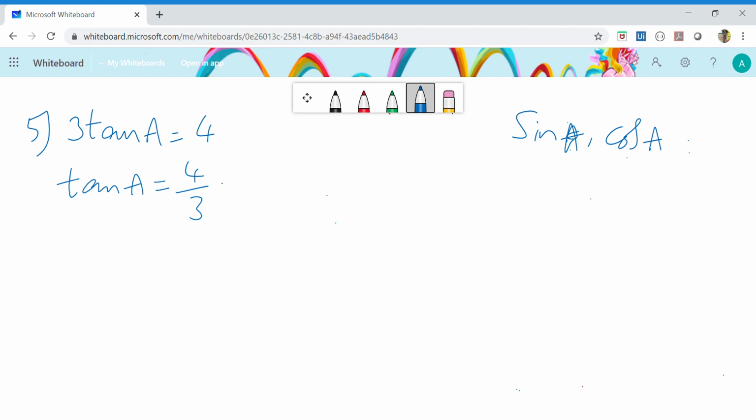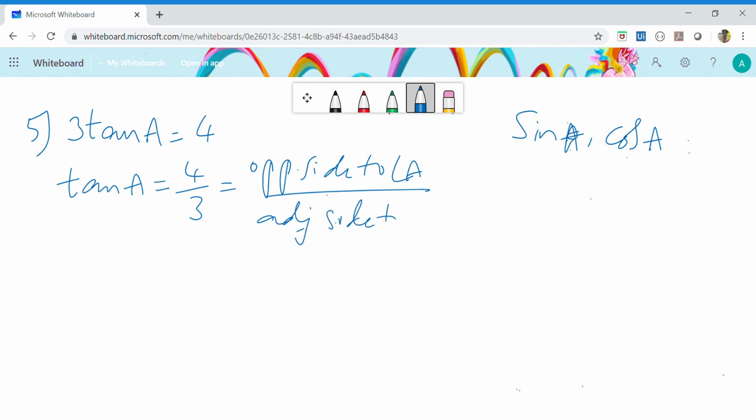So what is the tan A definition? Opposite side to angle A by adjacent side to angle A. If you draw a right angle triangle, A is an acute angle, and B is the right angle.